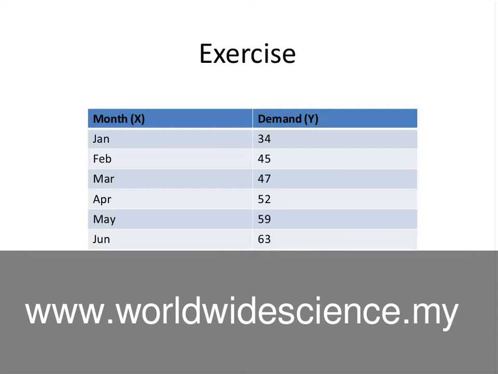Yes, it has no figure, but you should give yourself a figure for the months. Okay, January is 1, February 2, March 3, April 4, May 5, and June 6.